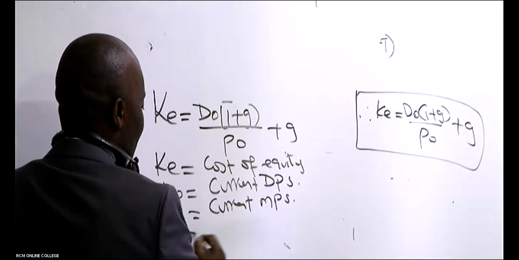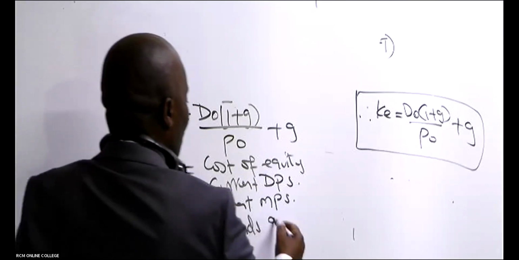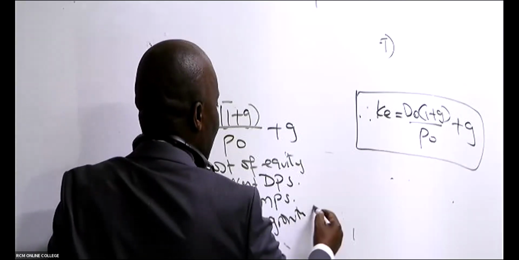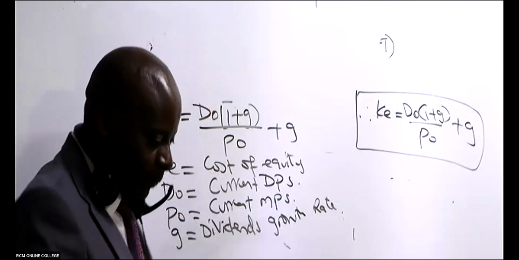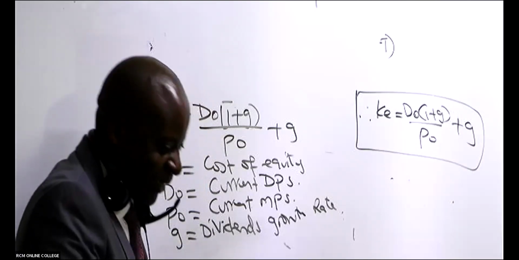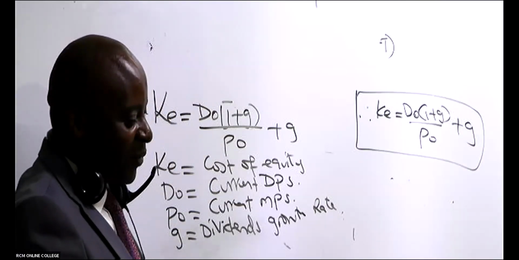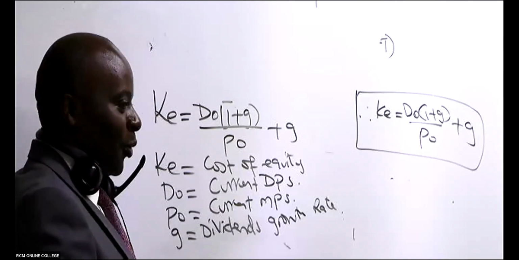Then we have G, which is the dividends growth rate.